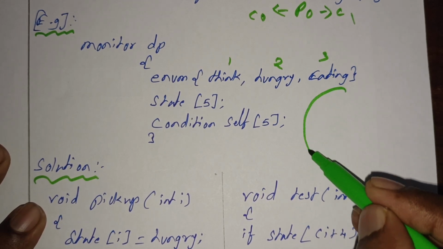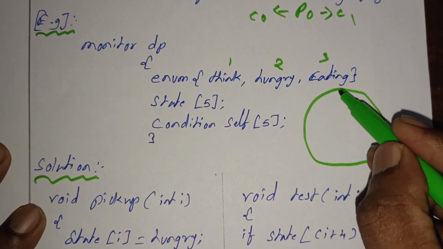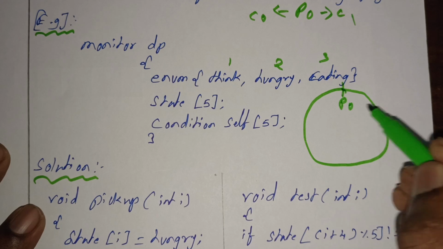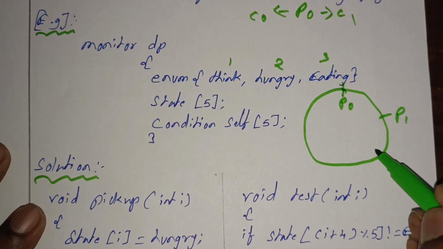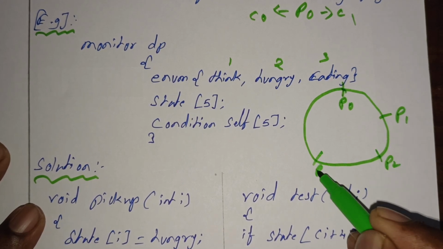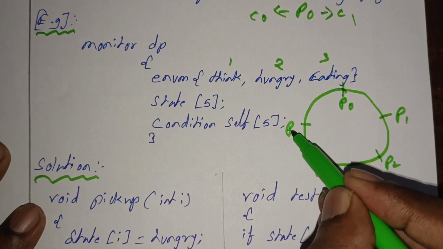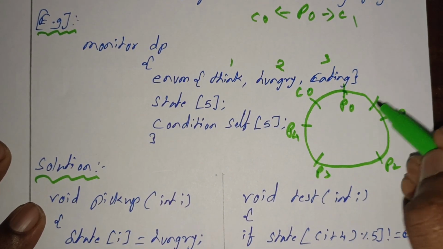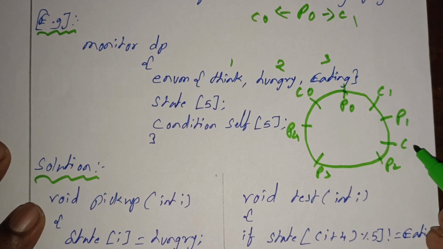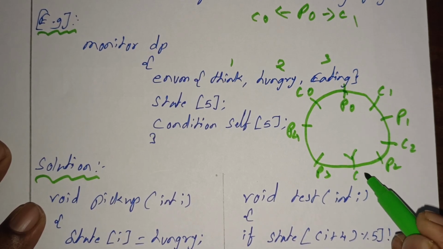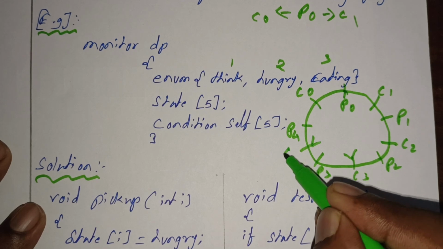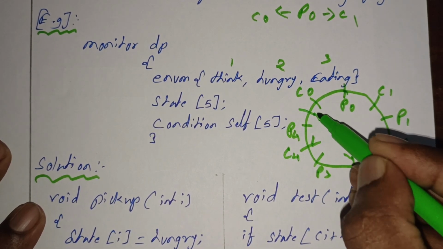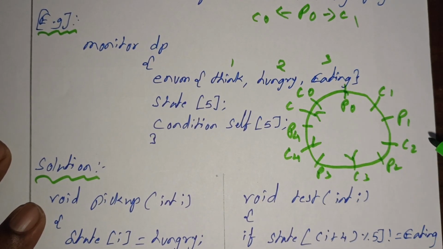Let me draw a simple diagram so that you will understand. Philosopher number 0, philosopher number 1, 2, 3, and philosopher number 4. We know that C stands for chopstick: chopstick number 1, chopstick number 2, chopstick number 3, and chopstick number 4.